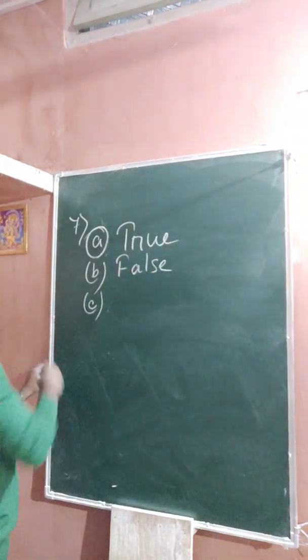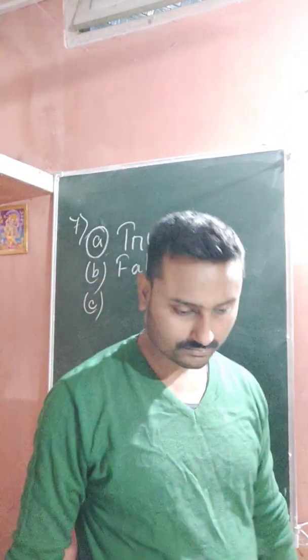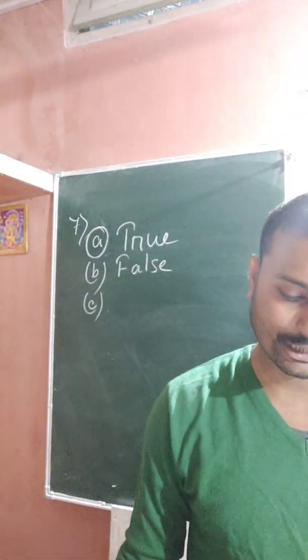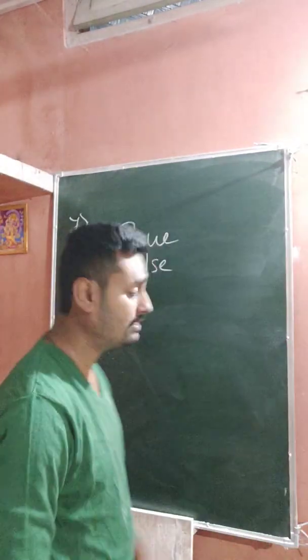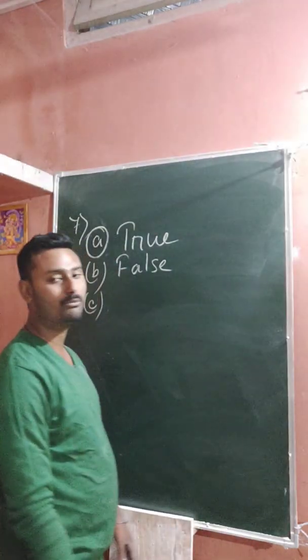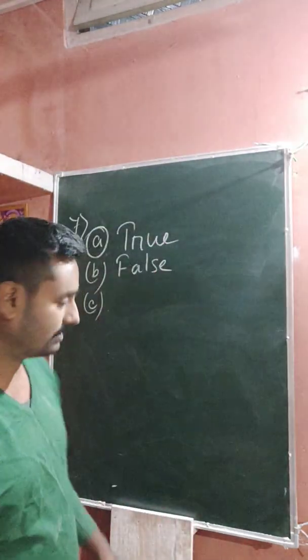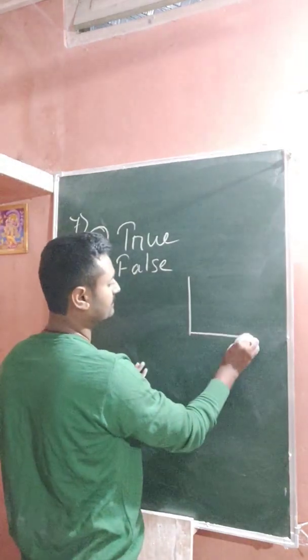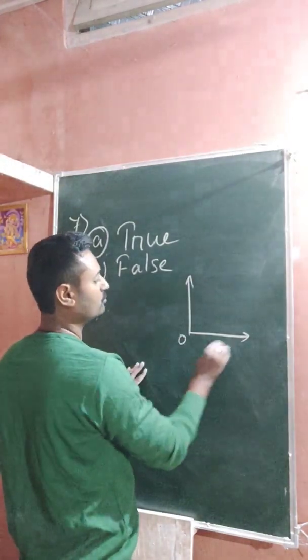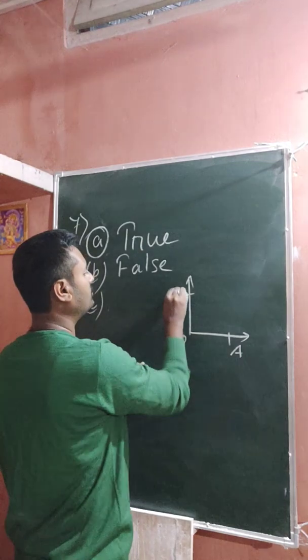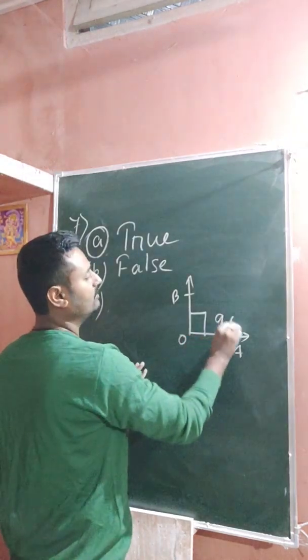Now question C: adjacent angles cannot be complementary. All of you know that if the sum of two angles is equal to 90 degrees, then they form complementary angles. Suppose this is point O, this is point A, this is point B, and suppose this angle is 90 degrees.